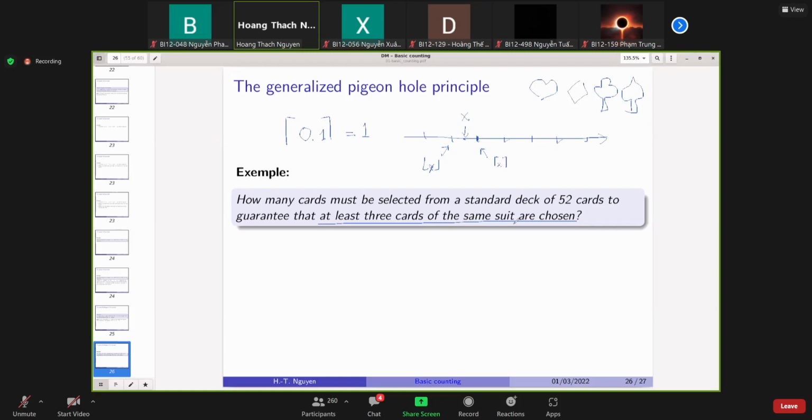Do you understand? Then if you have the worst case in which there are no 3 cards of the same suit, and you add another card, then you are guaranteed to have at least 3 cards of the same suit. So that's the logic.